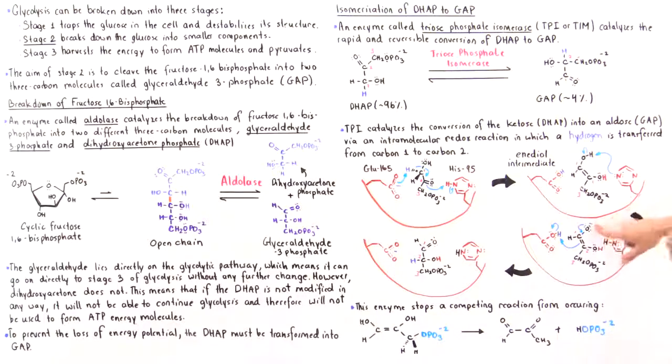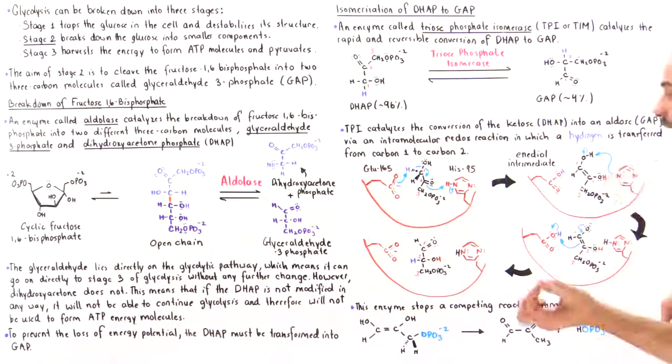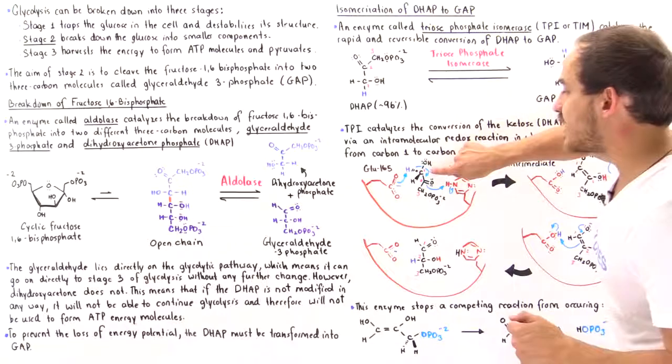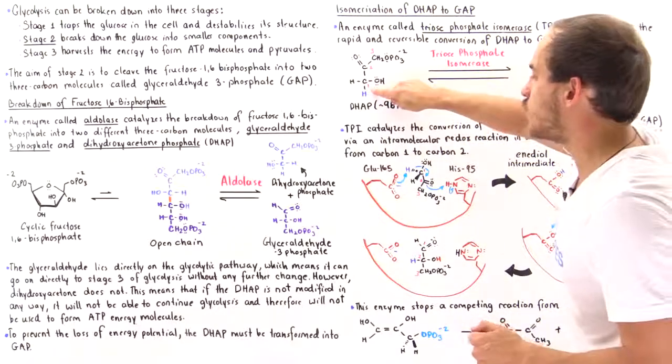And so that negative charge wants to go away. What happens is, this lone pair of electrons on this oxygen forms a pi bond. At the same time, this pi bond between carbon 1 and 2 breaks, and those two electrons in the pi bond go and grab that H atom shown in blue. And this is the same H atom that was initially attached onto carbon number 1.